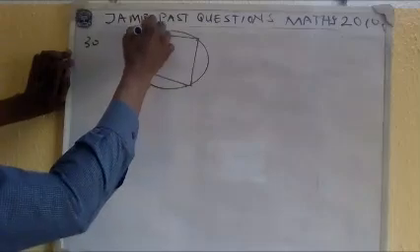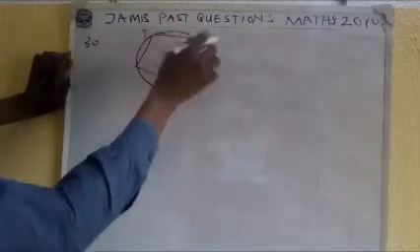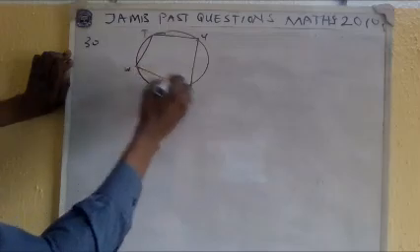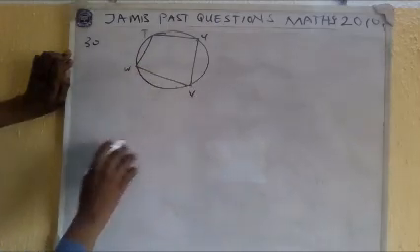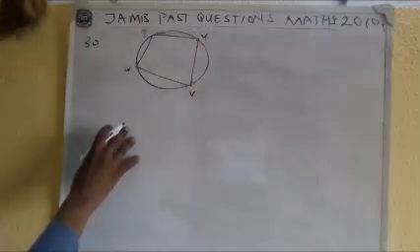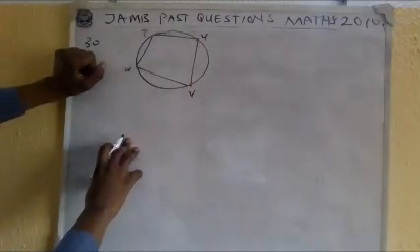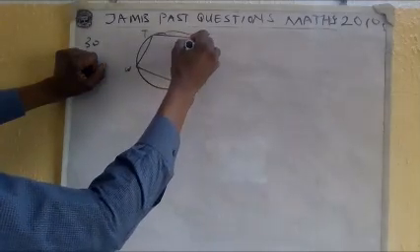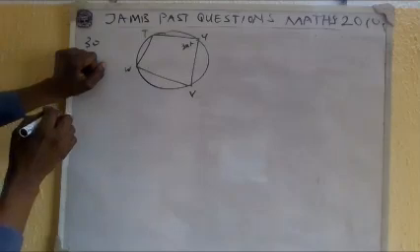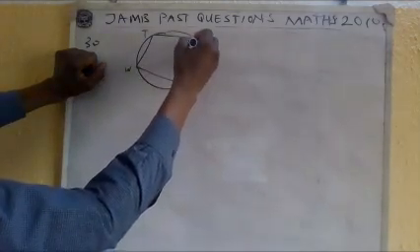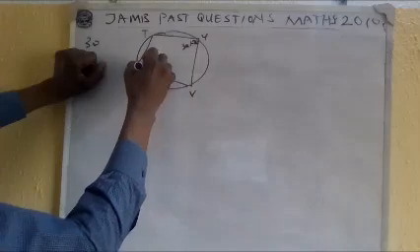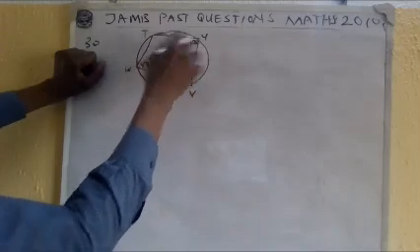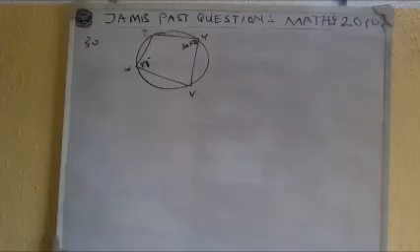So I have T, U, W, and V. These are the vertices of the quadrilateral. So if this side angle is 3x plus 20 and this side is 88 degrees, these are all in degrees. So we are asked to find x.